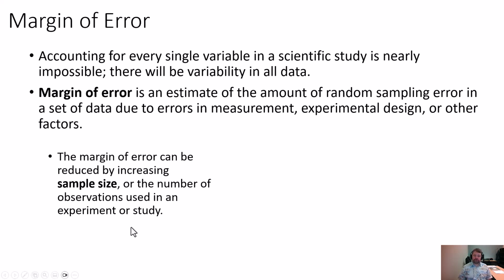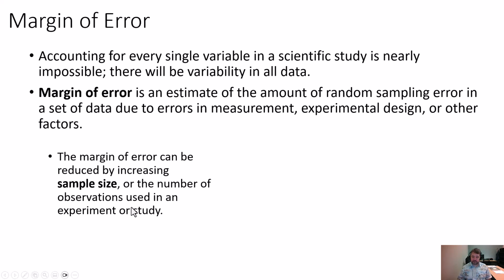And this follows suit with really all scientific studies. If you increase your sample size, how many organisms you're studying, how many data points you're collecting, how many days you collect your data, these different variables, then you decrease the margin of error. You reduce the effect of the margin of error.